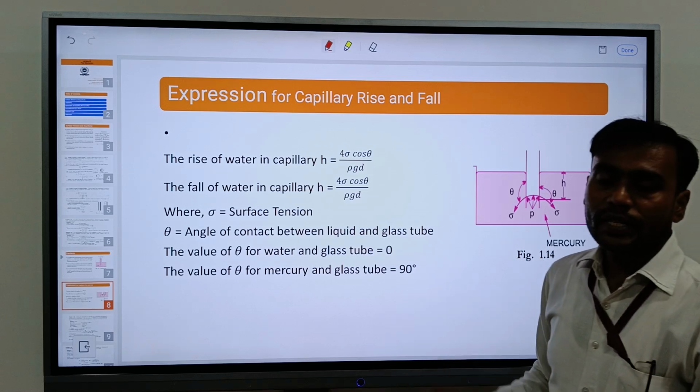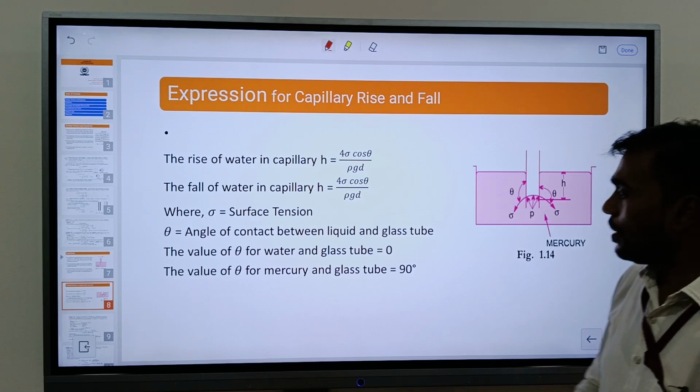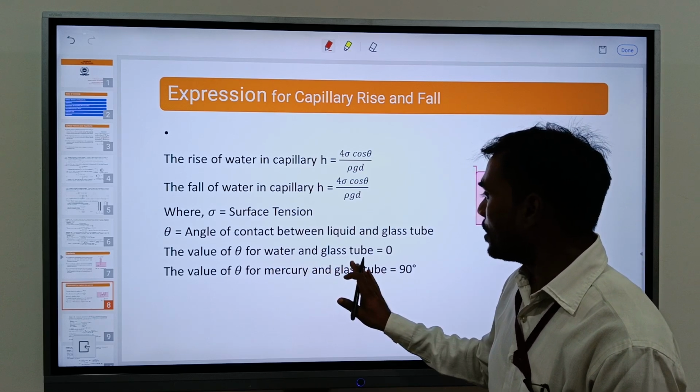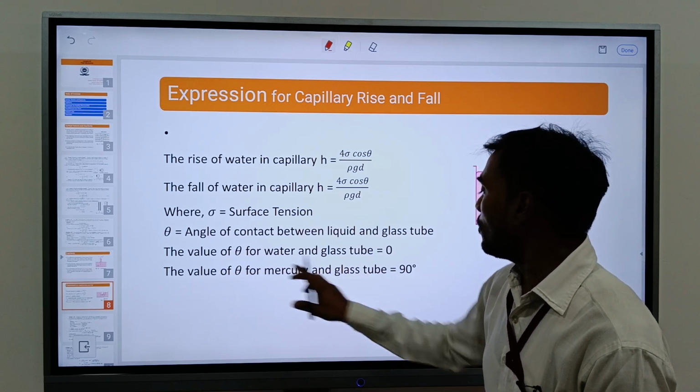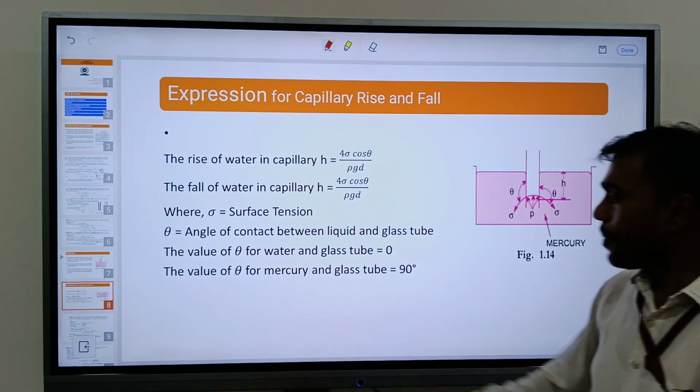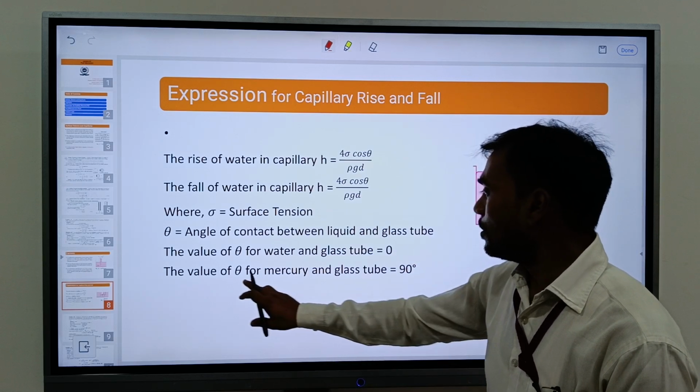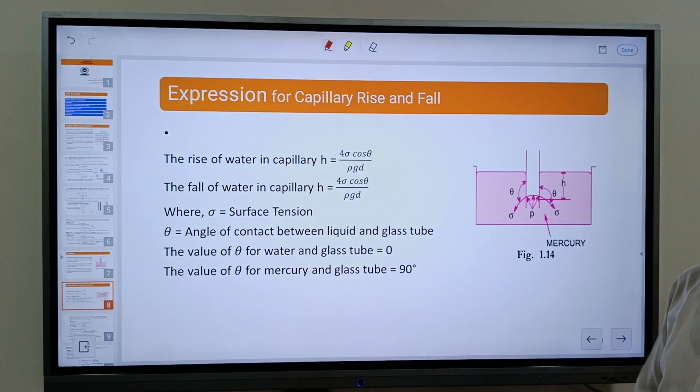The value of theta is given for different types of liquid. For example, if we consider water and glass, then its angle of contact theta will be equal to 0, whereas in case of mercury and glass tube, the value of contact angle will be 90 degrees.